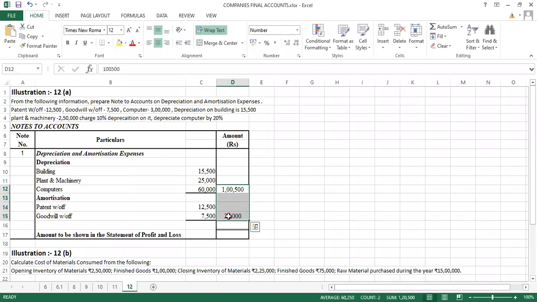Take a total, 1,20,500. So how much amount will be transferred, how much amount are you going to write down in the balance sheet, sorry, in the statement of profit and loss account? The amount of 1,20,500 will be shown in the statement of profit and loss account under the head depreciation and amortization expenses.